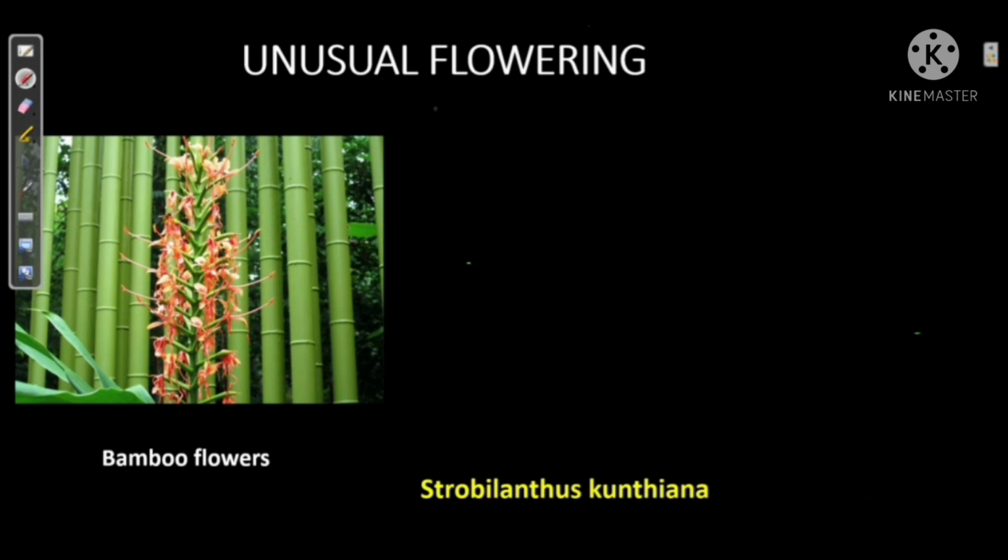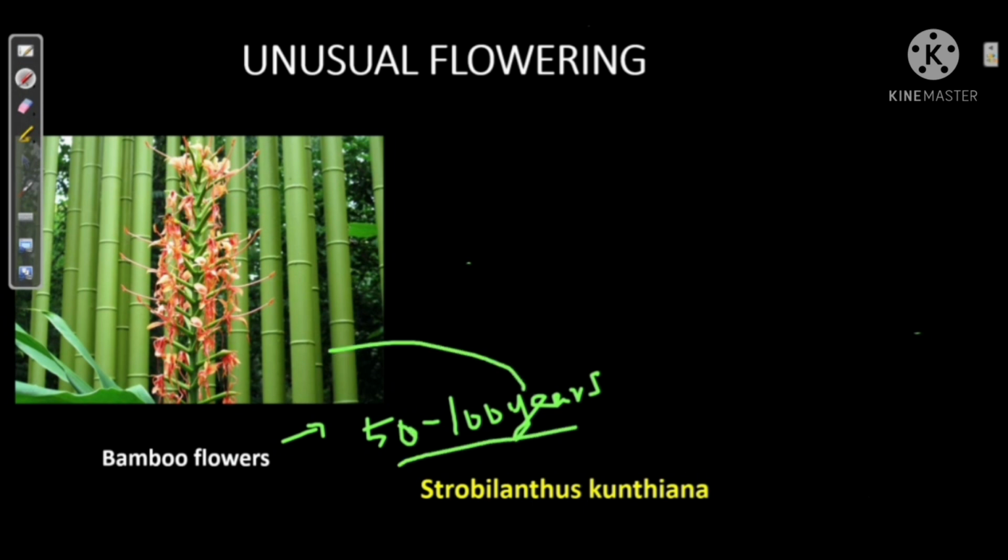Bamboo flowers after 50 to 100 years only. So for 50 to 100 years they can live like this with only the stem part. After 50 to 100 years only they flower. That is why they are called unusual flowering plants. And once they flower, they die.